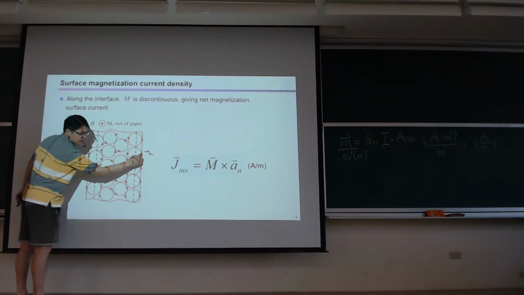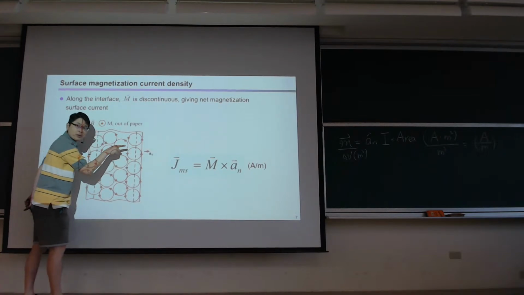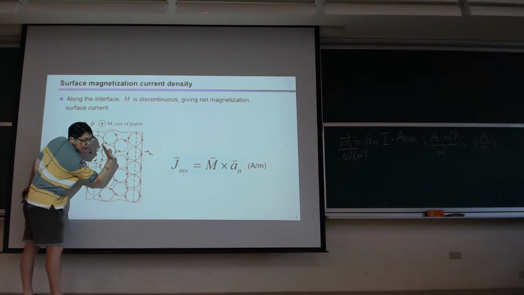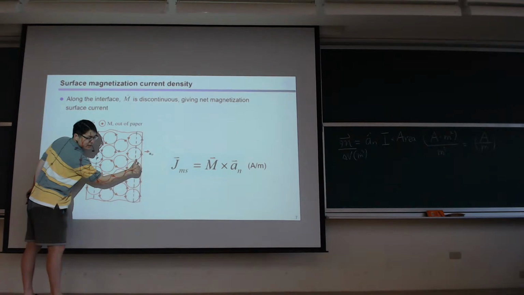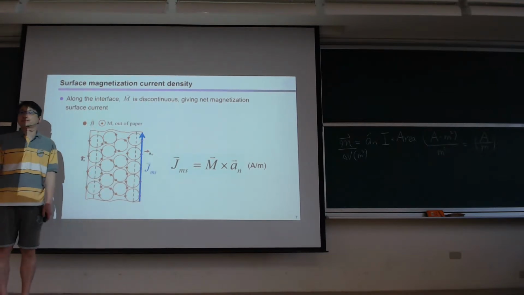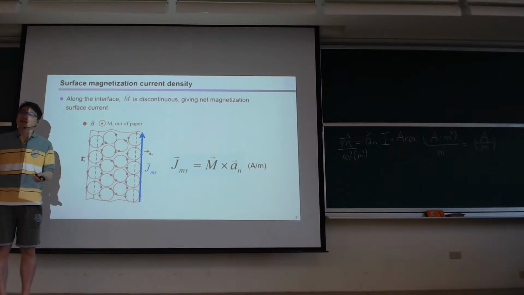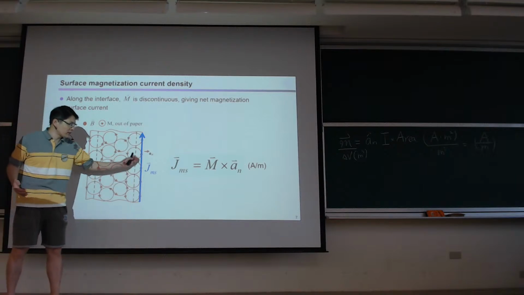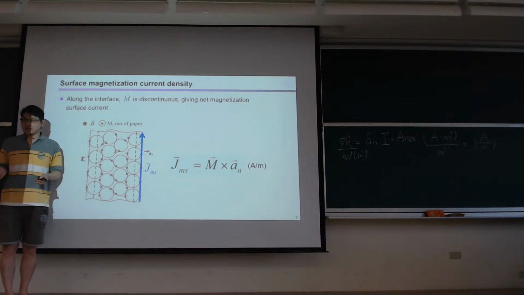And now for this surface, your surface normal pointing outwards is pointing to the right. So your M cross n, right? M is out of the paper, cross n is flowing upwards. At least, up to now, it agrees with our figure, and that formulation seems correct.